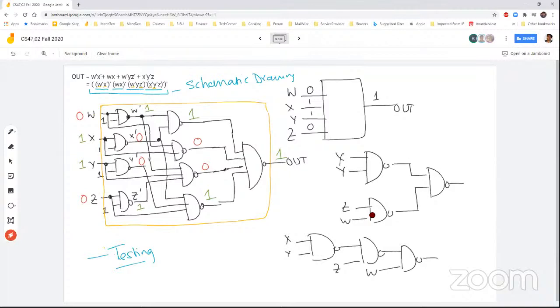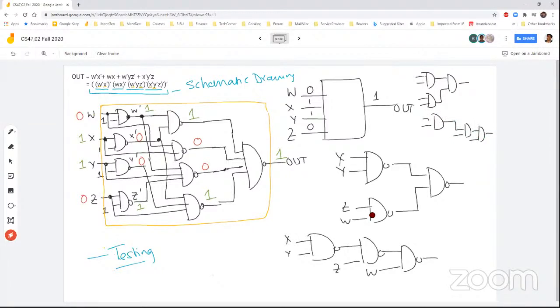Just hold on. So your AND is definitely like this, either this or this.